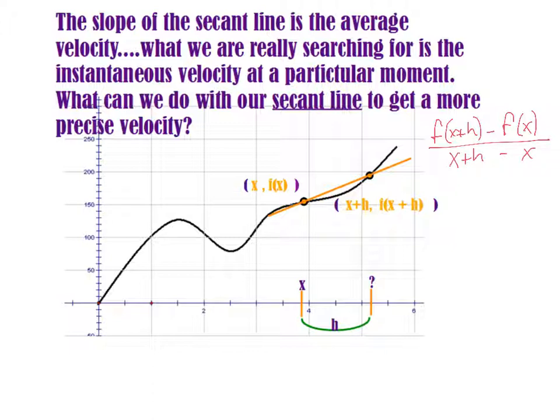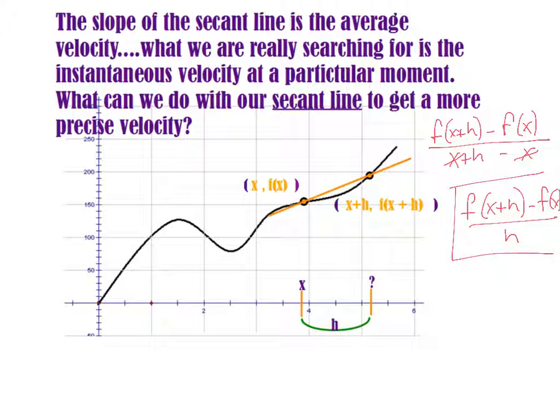Now look what's going to happen nicely. These x's are going to cancel, and I'm left with f of x plus h minus f of x all over h. And this right here is the formula for average velocity. Regardless of what the function is doing, this is how we would work that formula.